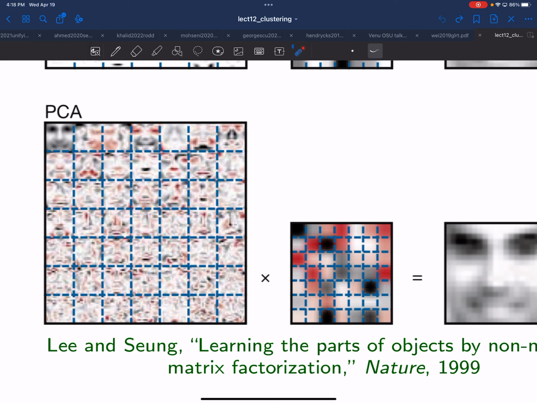So you can kind of see that when we're putting together this face, even though the face really is non-negative, we're not exploiting that. We're maybe getting lucky with 49 different components here, that there's no red values here, no negative values. But you can see how there's negative components that are being added to zeros and positive components, and at the end of the day, this is what you get.